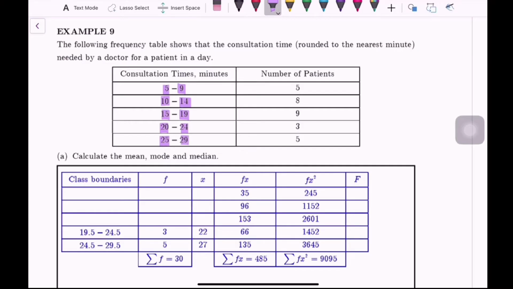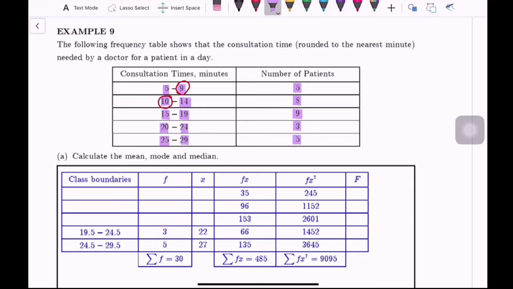If the upper limit does not equal the lower limit of the next class, we call it a class interval or class limit. Then the number of patients we write as the frequency.